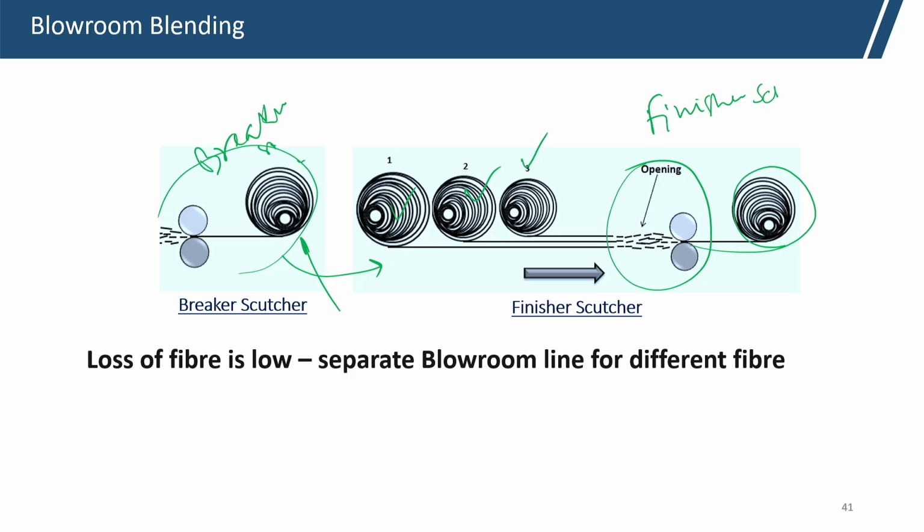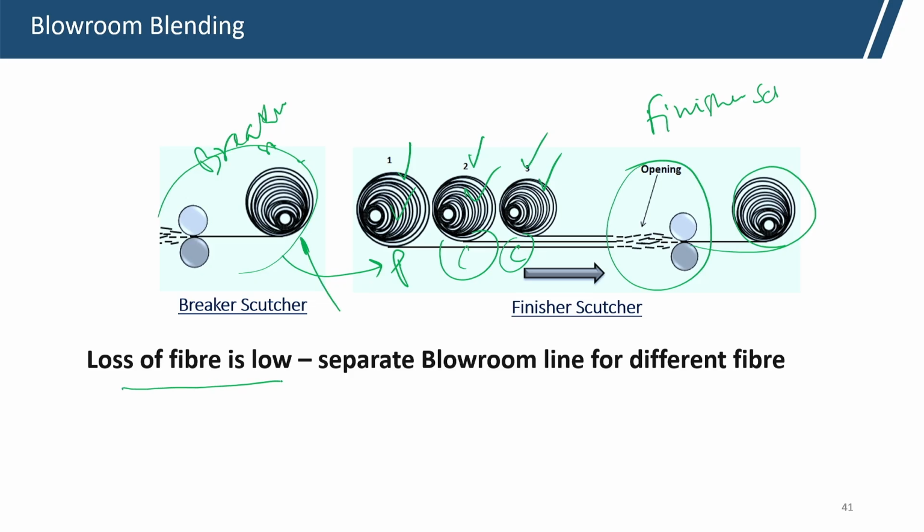So, loss of fiber is low because there is a separate blowroom line for different fibers. So, this is say polyester, this is cotton, and they come from different blowroom lines. Polyester has its own blowroom line and cotton has its own, and that is why the fiber loss is low.